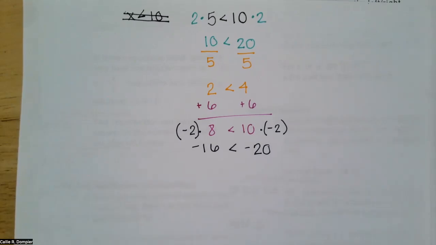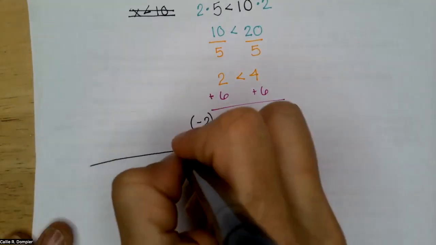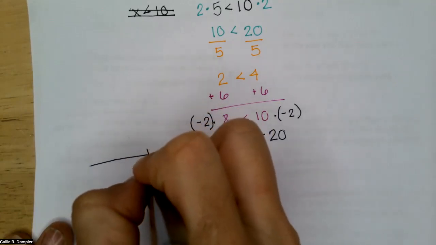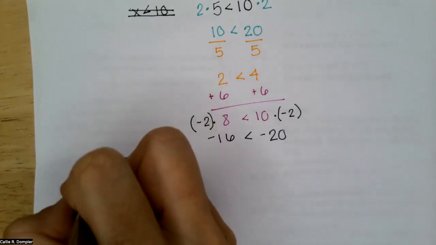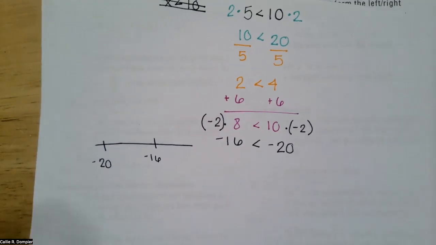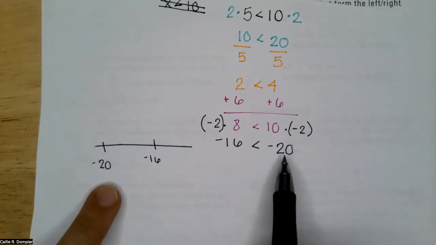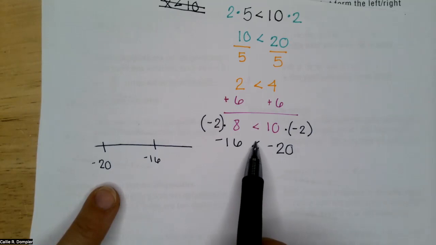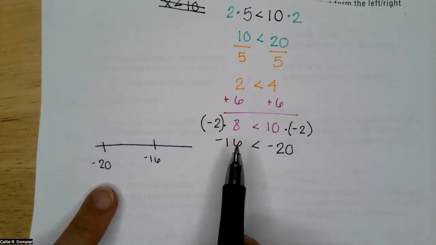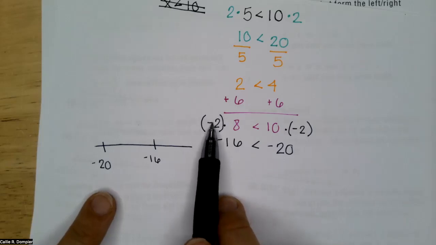Now, I know it's hard to conceptualize the negative numbers, but if you look at a number line, -16 is here and -20 is here. So -20 is less than -16. It's not greater than. So the sign no longer applies correctly because we multiplied by a negative.